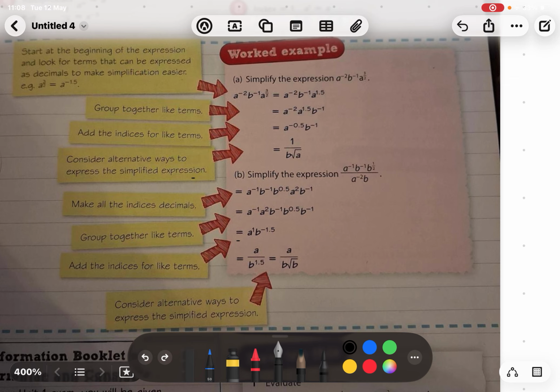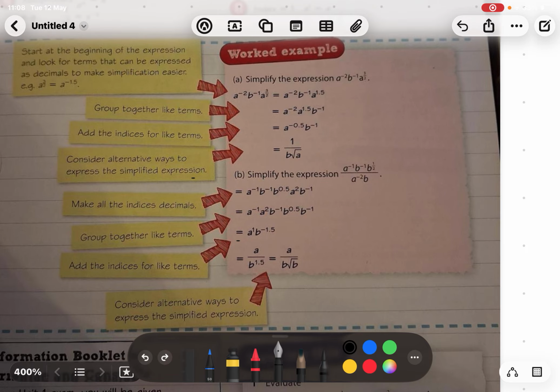After that, because it's a positive one, it's on the top, and when it was a negative, now it's a positive when it moved down. And over here, since it's 1.5, whenever there's a half involved, I guess they'll just do this.